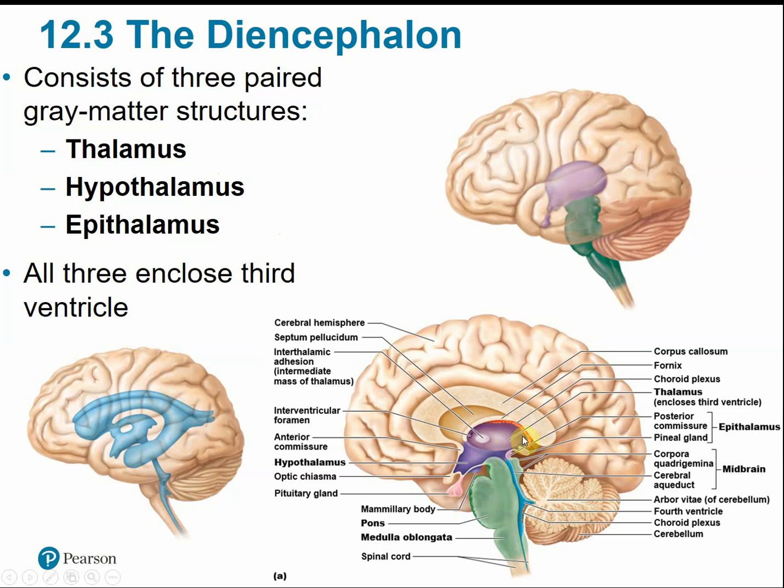The thalamus is the larger central portion, the hypothalamus here, and then the epithalamus is this small light purple region just on the posterior side. All three of these structures enclose the third ventricle, this fluid-filled space.